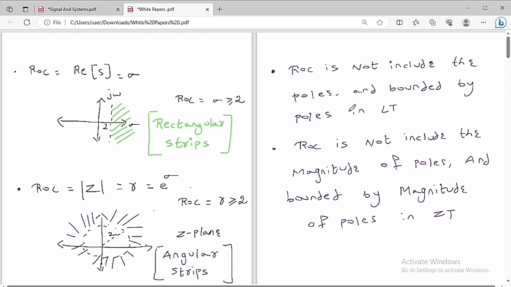In Laplace they take the poles as they are, here they take the magnitude of the poles. This is the only difference.